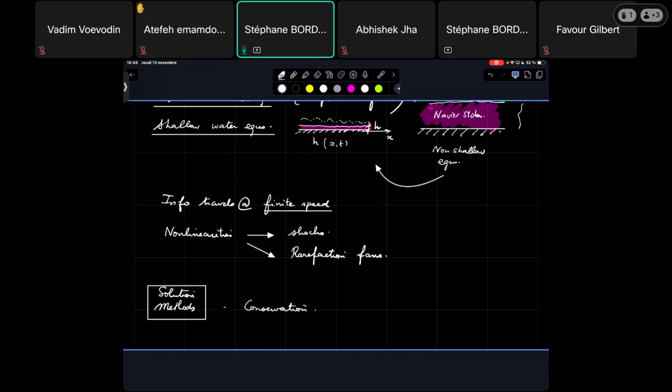You cannot just make mistakes in time and hope that you will catch them back later. If you lose mass, you won't recover it. So you want conservation, and to have conservation, there are a few possibilities. One is finite volumes, about which I will definitely not talk because there is far too much to talk about, or the generalization of that, which is discontinuous Galerkin.